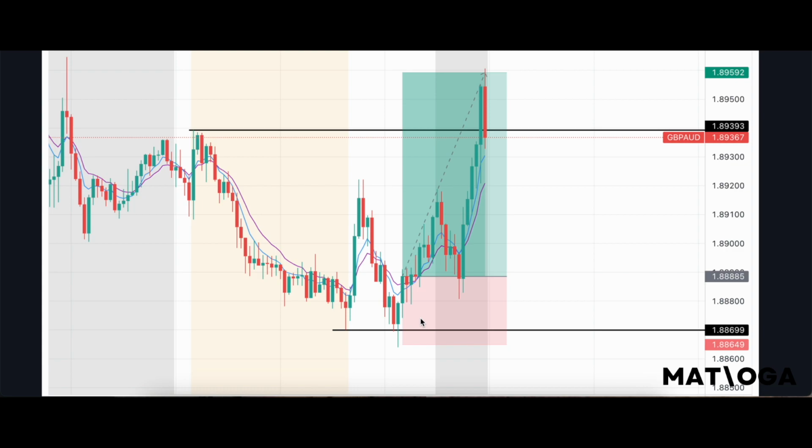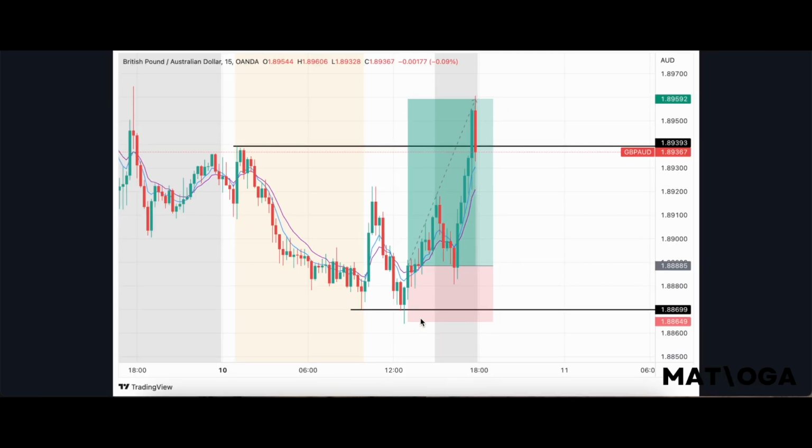And once again, let's say the trading gods were on my side, and this was a successful trade. But sometimes, and to be honest, usually these trades are not as successful as this one, yeah.